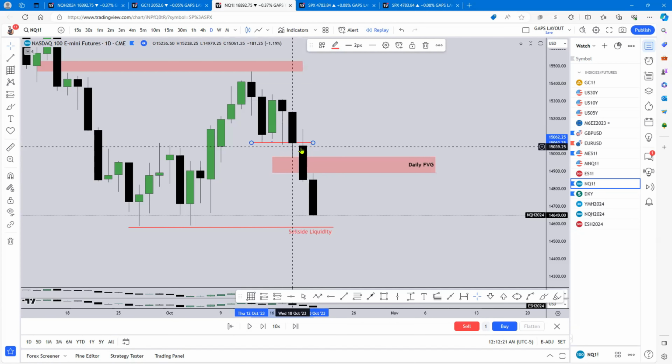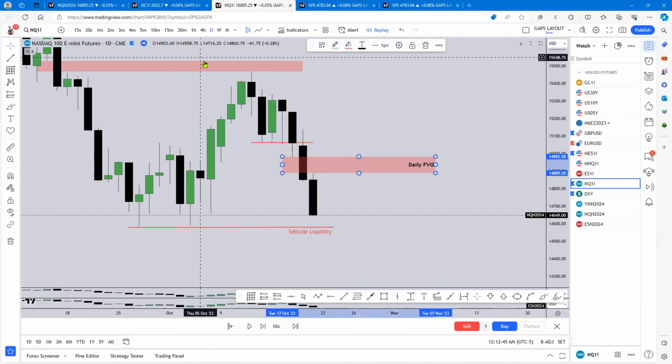So price is going to want to reprice into this candle. It could come up all the way here, but because this confirmed our lower prices, and we also are sweeping this low with the candle closure there, then we can use this daily.